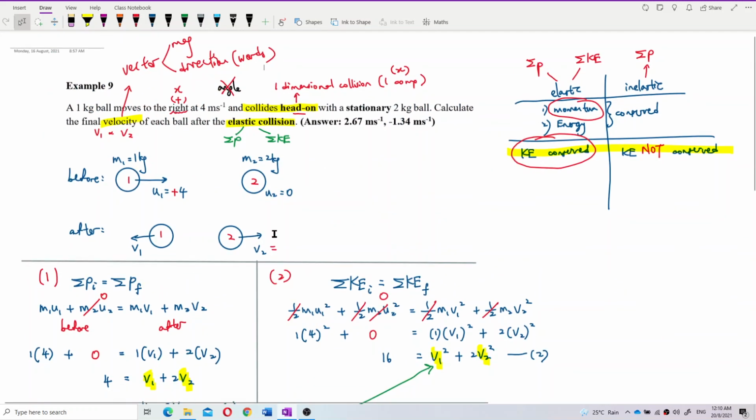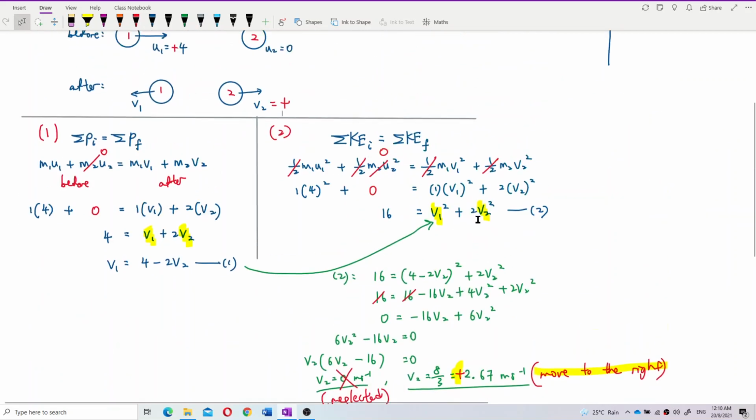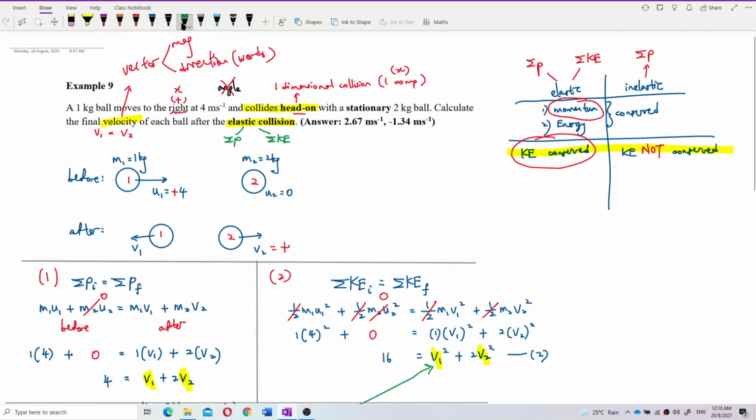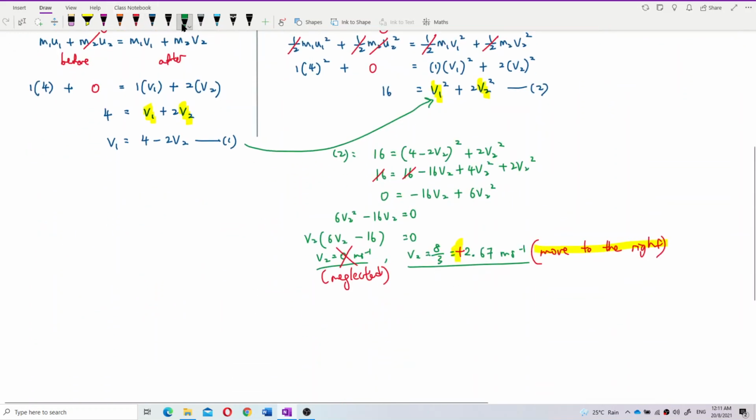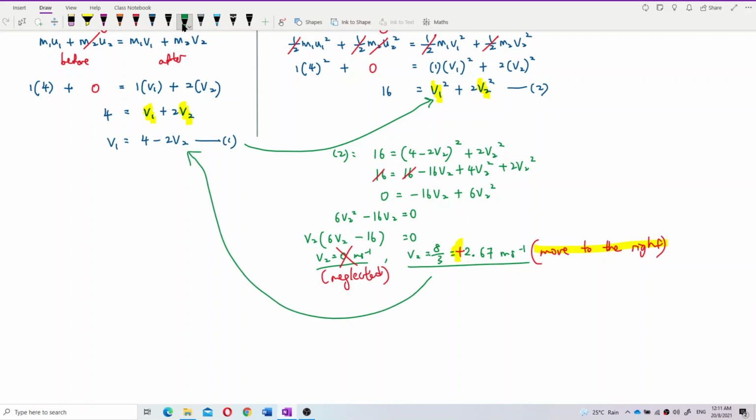So we know that V2 is 2.67, positive, which means to the right. So V2 is 2.67 to the right. Now we need to find V1. We substitute V2 back into the equation, then we can get V1.